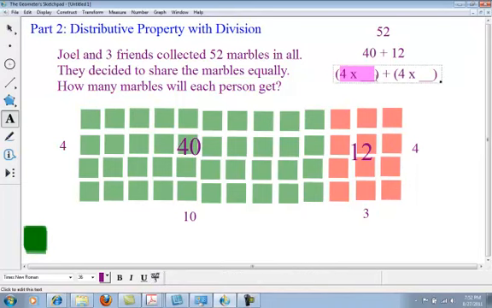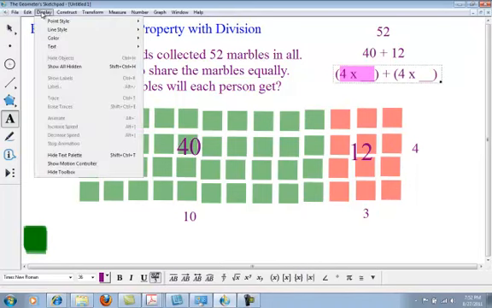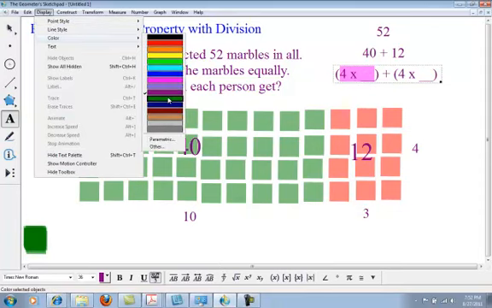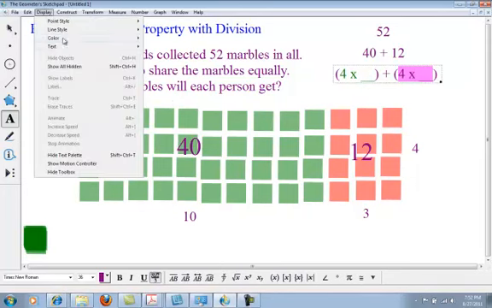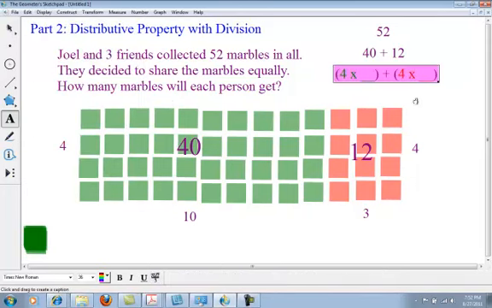This 4 times blank is going to represent the green array, and this 4 times blank is going to represent the red array. Well, I'm trying to get to 40, so I know that 4 times 10 is 40.